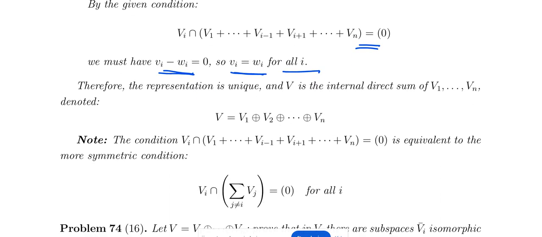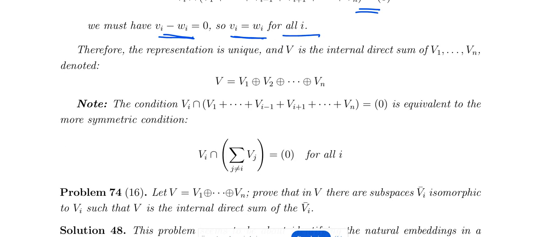So the representation is unique. V is the internal direct sum of something எழுதலாம். Okay, and this condition is equivalent to that condition. ரெண்டும் ஒன்று தான், that is I'm using the summation notation.